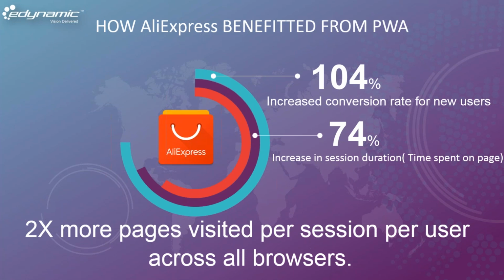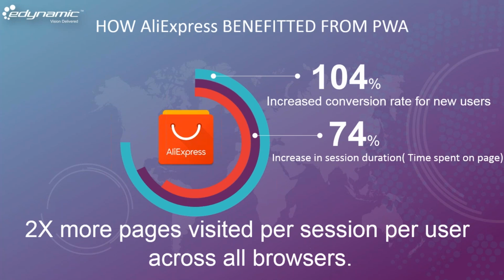When we talk about conversion rates, we are not necessarily talking about sales; a user adding things to their basket would be a conversion. We do not have details about what that conversion rate is, but they definitely got a 104% increase. Then there was a 74% increase in session duration.